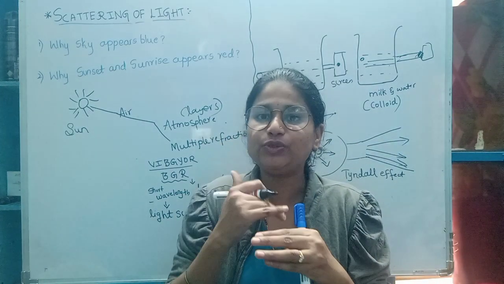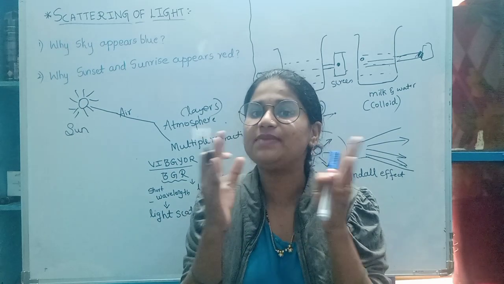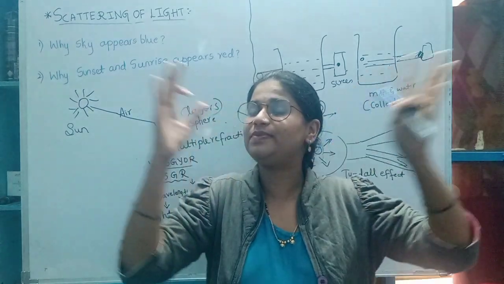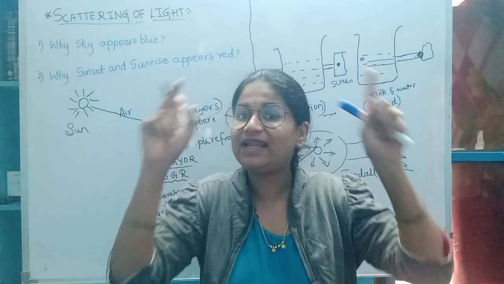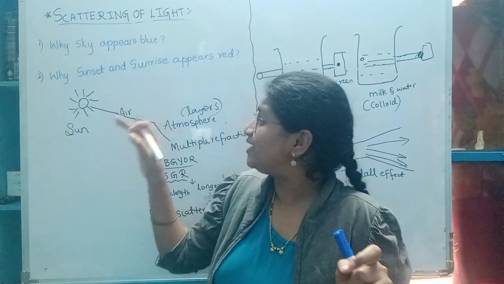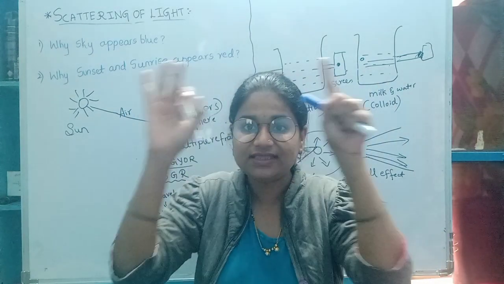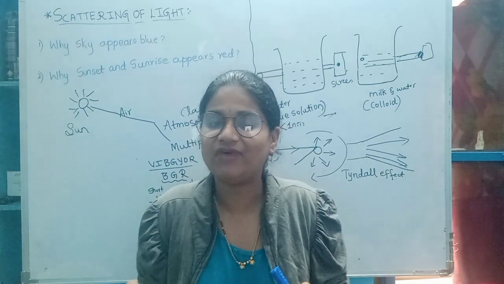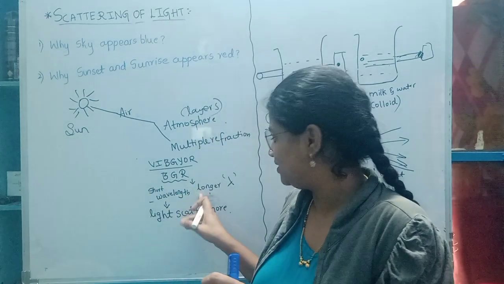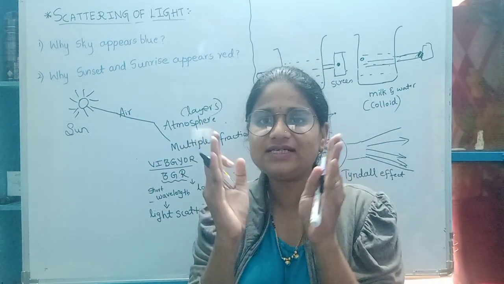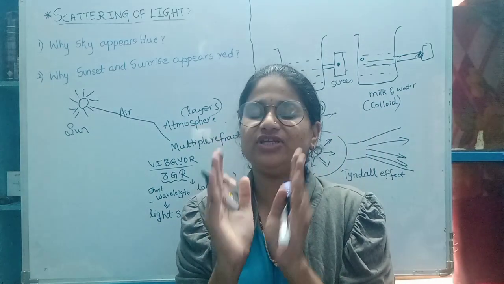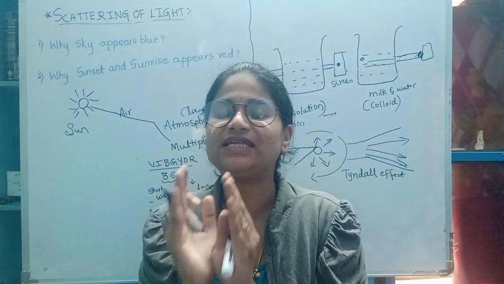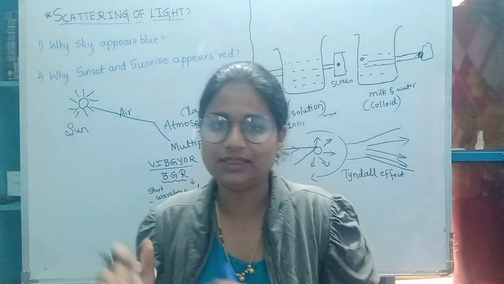As it is near to the earth, red will not be scattered much. Only in that portion where sunrise and sunset occur can we see the red, because the longer wavelength scatters in a very small region. That is why sunrise or sunset appears red in color.